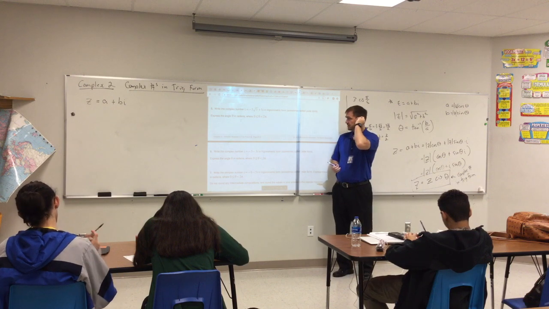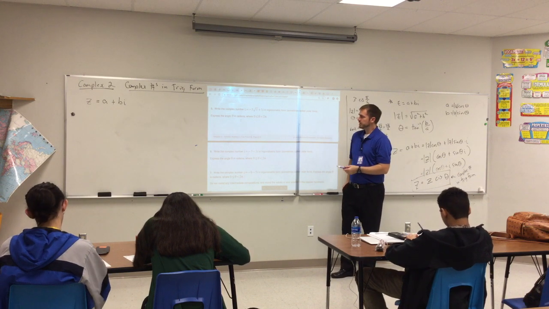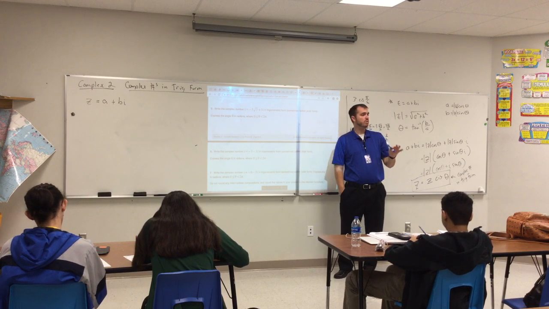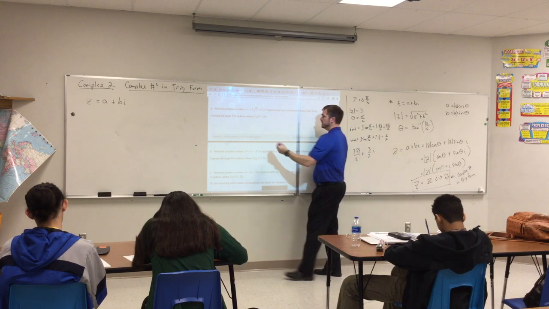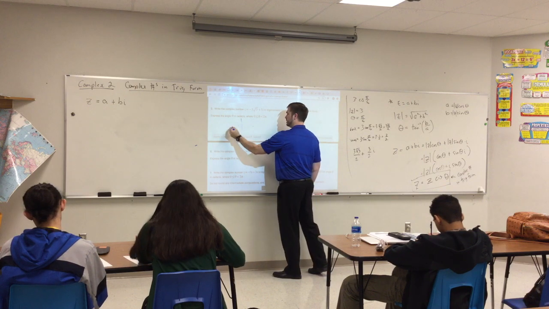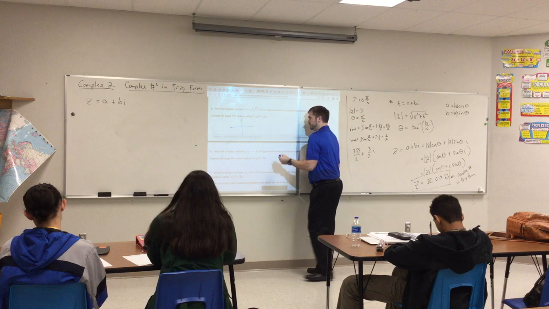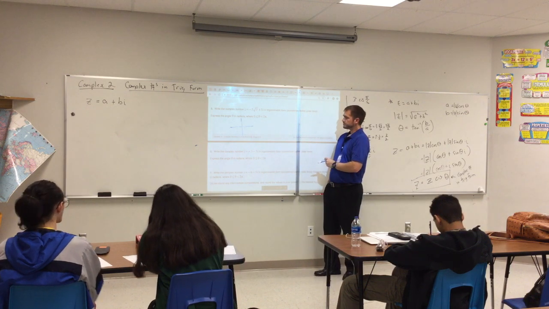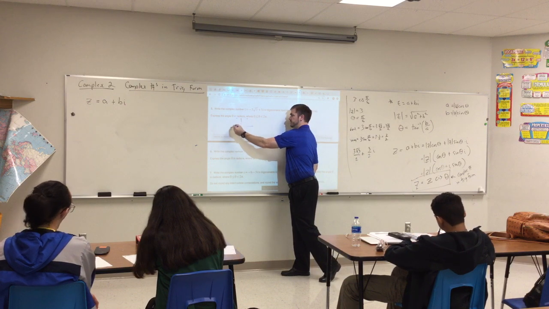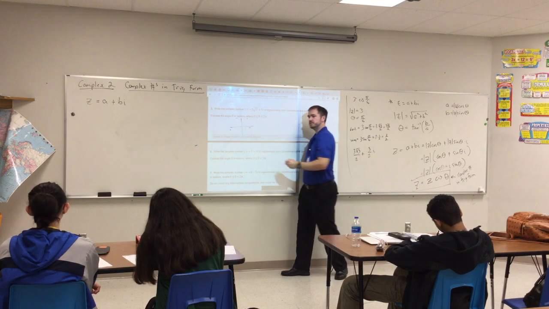So that means it looks like it would be kind of tricky. One thing we need to do is figure out which quadrant we're in. That's always the hardest part. Do you have a guess which quadrant, 1, 2, 3, or 4?